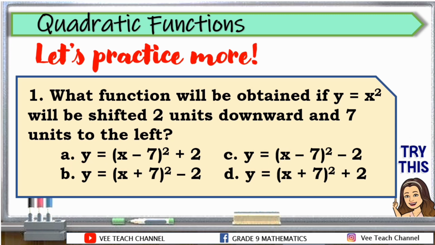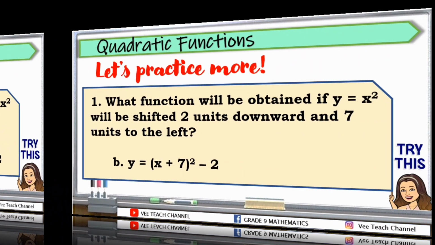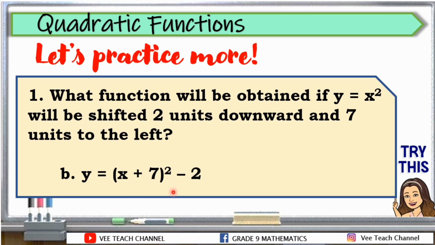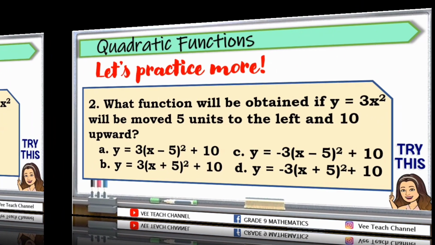The correct answer here is letter B. Y is equal to quantity x plus 7 squared minus 2. Ayan, 2 units downward, kaya yung k ay negative 2. Tapos, 7 units to the left. Sabihin yung h ay negative 7. Pag negative 7, diba? Nakalagay x plus, then yung number. Kaya yan yung ating answer.